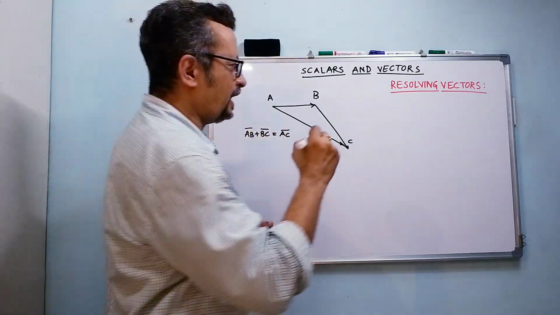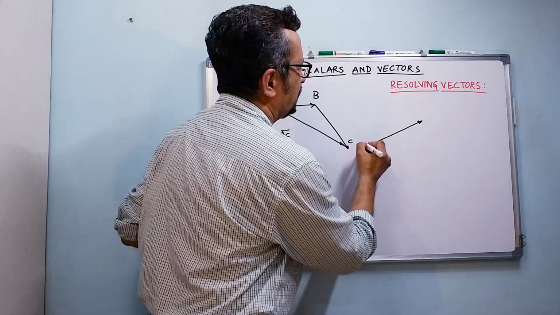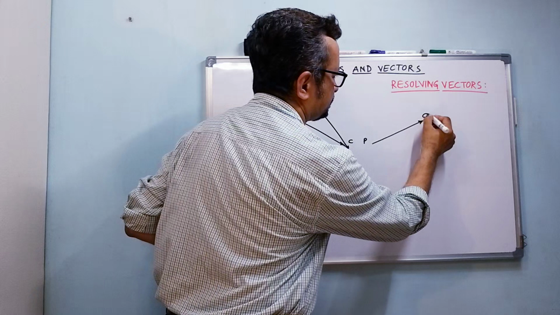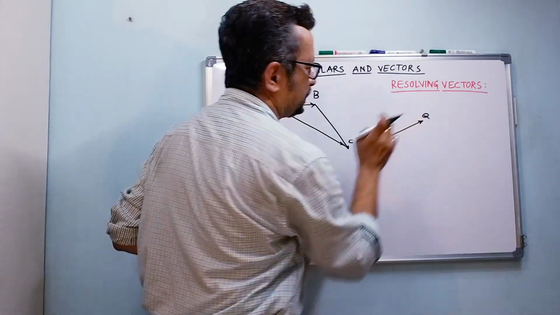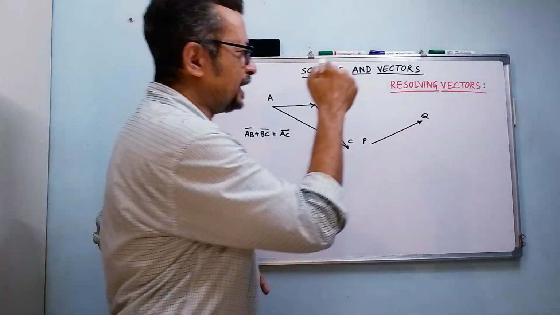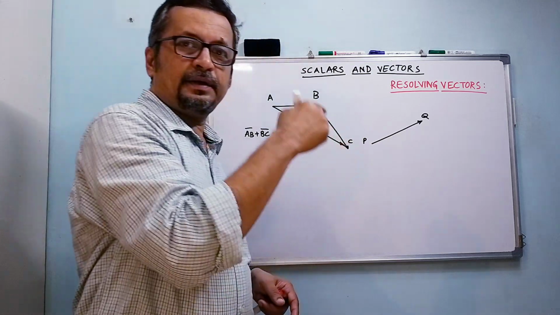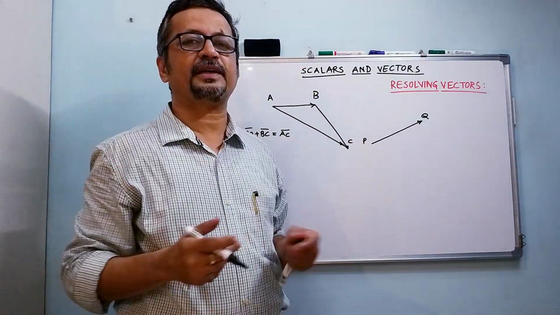But suppose I have a vector like this, PQ bar. How can I get this PQ bar? For example, I am at point P and I want to reach point Q. In how many ways can I do that?